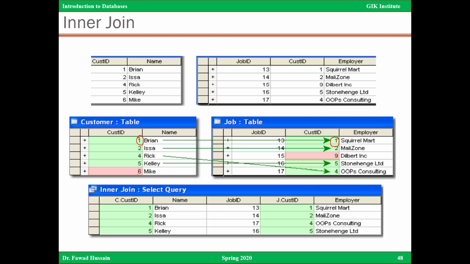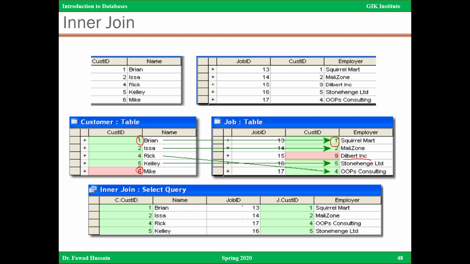If Mike is here and has a customer ID of 6, and customer ID 6 does not exist in this job table, it means Mike will not be included in this resulting table. Similarly, Dilbert Incorporated has a customer ID number 9, but that customer does not exist over here. It means that Dilbert Incorporated will not be included in this resulting table. So neither Mike nor Dilbert Incorporated will be included in this resulting table.